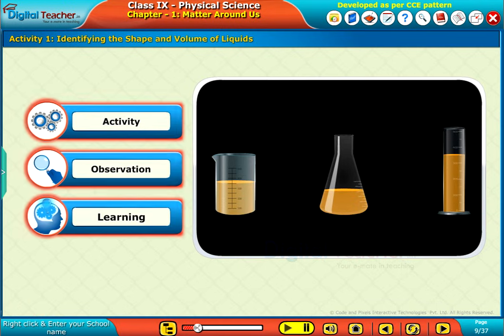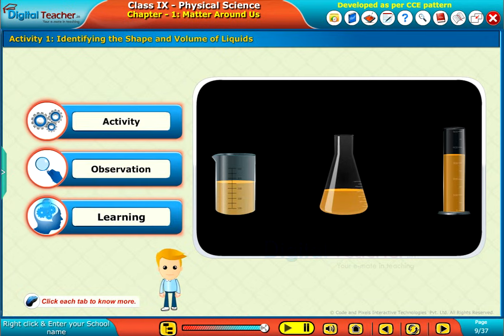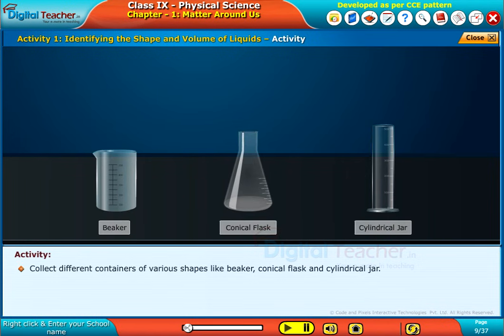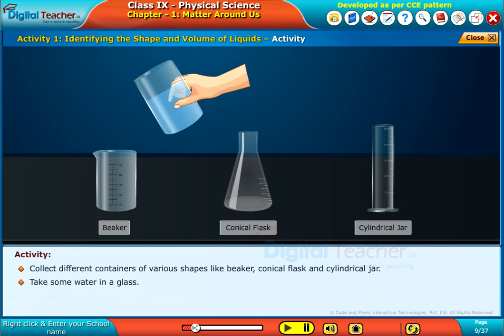Now, let us perform an activity to identify the shape and know the volume of liquids. Click each tab to know more. Collect different containers of various shapes like beaker, conical flask, and cylindrical jar. Take some water in a glass.